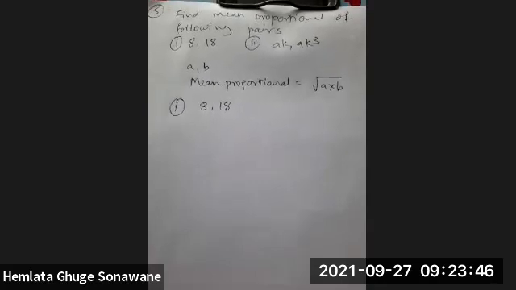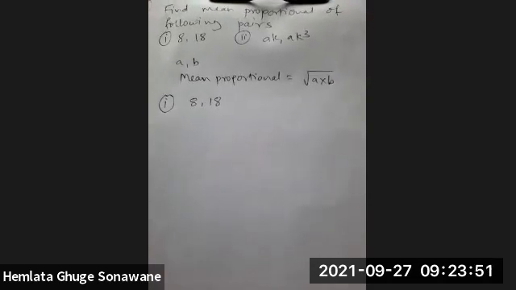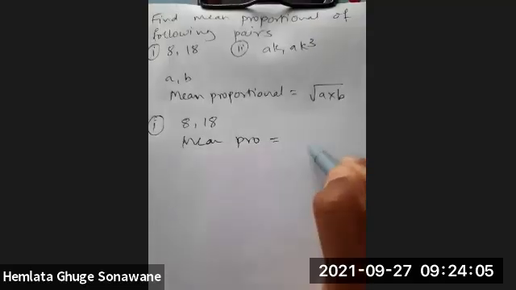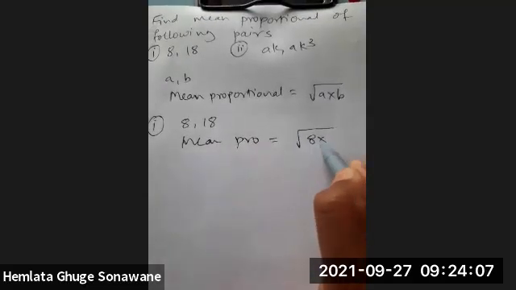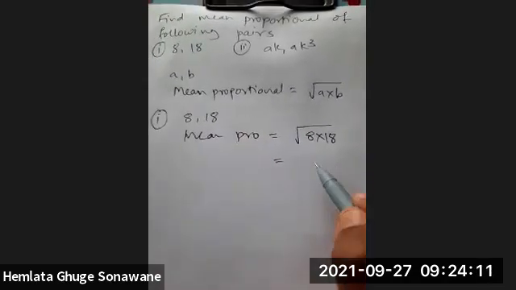Yes, Suhani. If anyone is ready with the answer, you can unmute yourself and explain. Mean proportional is equal to under root 8 into 18. Okay, next step, 144. Very good.